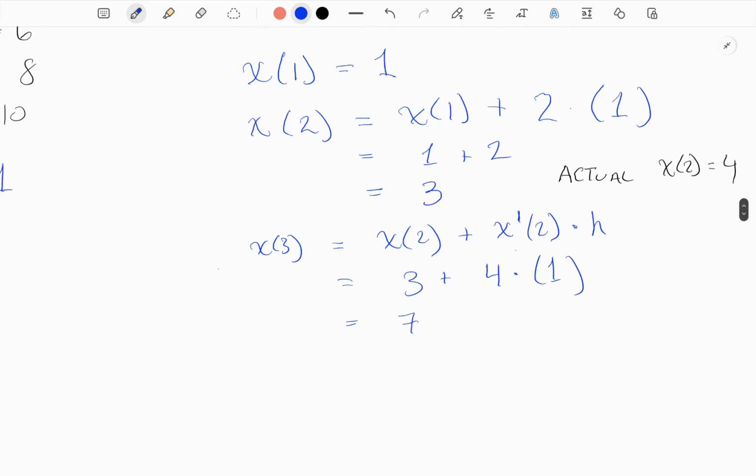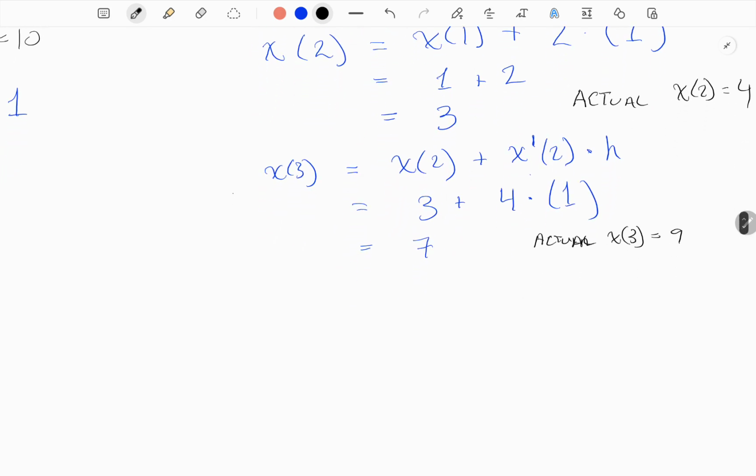The actual x at 3 is 9. So the error is 2. Anyway, we're going to keep going.